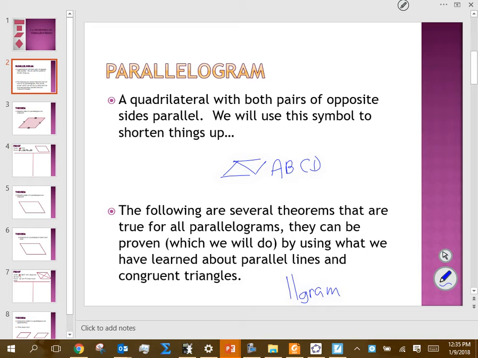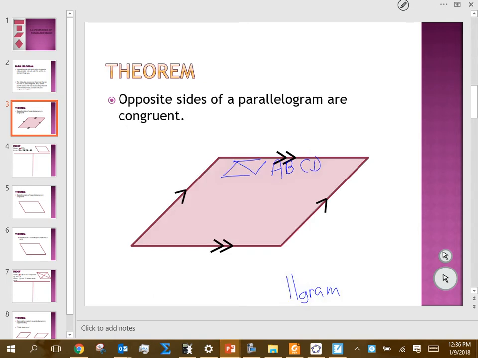So you know a lot about parallel lines, you know a lot about triangles. Those 2 bundles of information intertwined are going to allow you to learn a lot about parallelograms. So the first fact, the first theorem, is that opposite sides of a parallelogram are congruent. Opposite sides of a parallelogram are congruent.